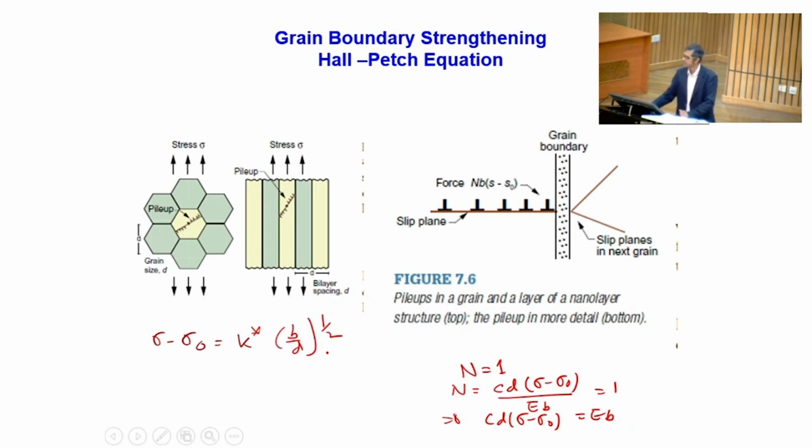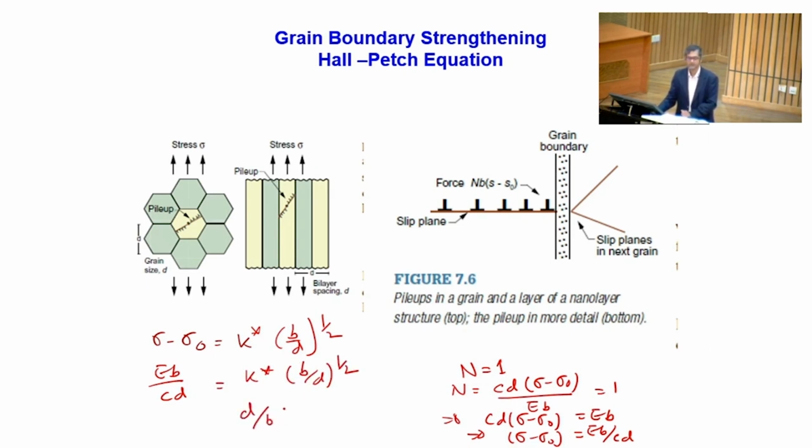So let us put down this sigma minus sigma 0 value here. E b, C d, remember d is the grain size, C is a constant, E is the elastic modulus, and b is the Burgers vector, right? If you do the math properly, what do you get? You can clearly see d by b will be equal to E by C k star, whole squared, right?